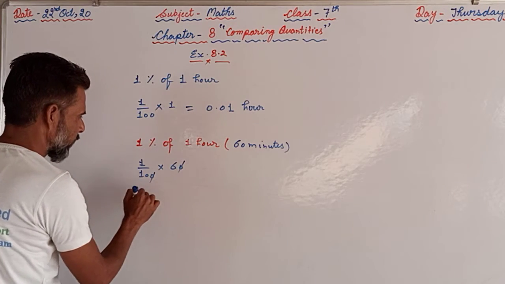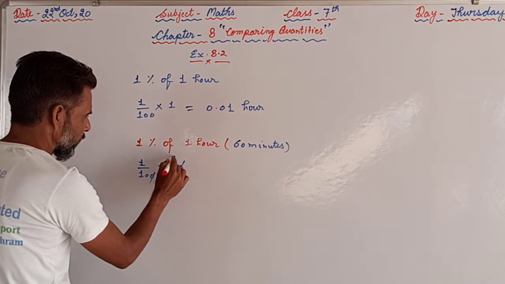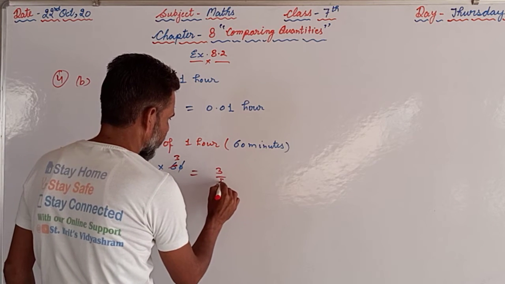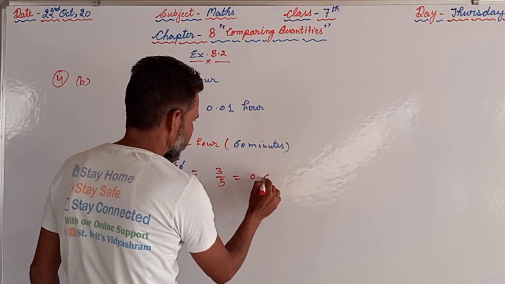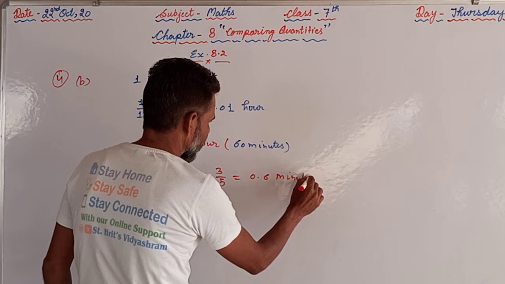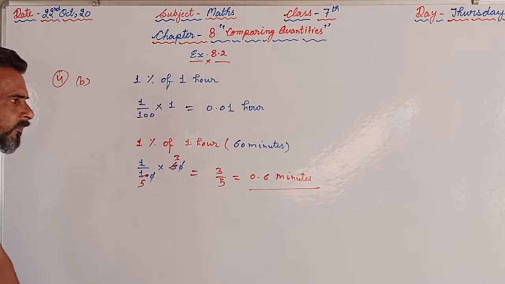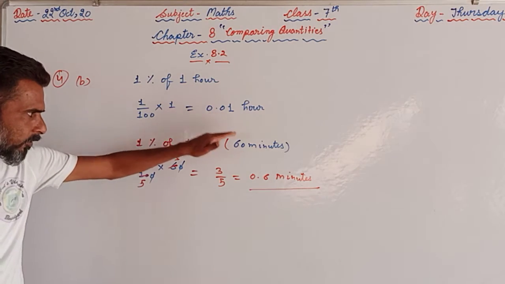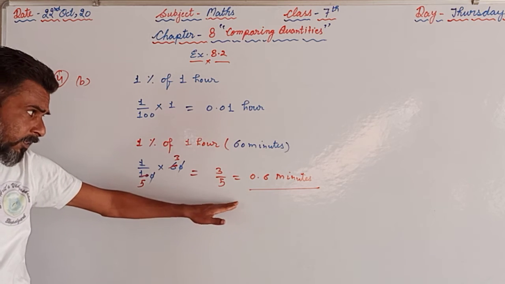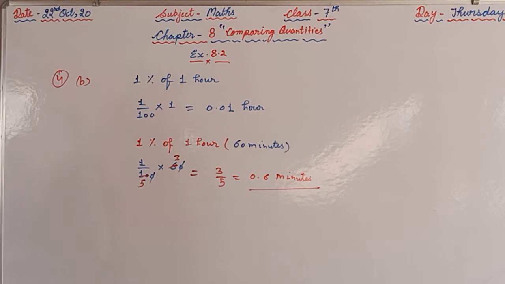So 2 3 are 6, 2 5 are 10, means 3 upon 5, or we can say 0.6 minutes. Answer can be in hours or in minutes. If in hours 0.01 hour, or if in minutes 0.6 minutes. So like this we can do.